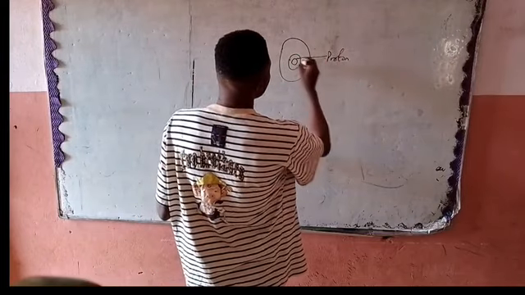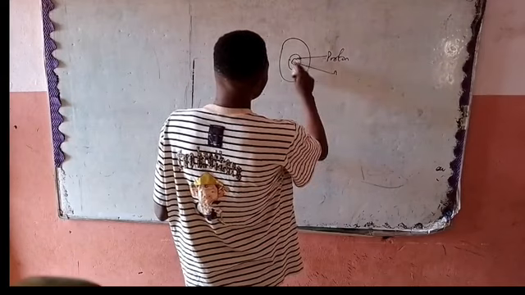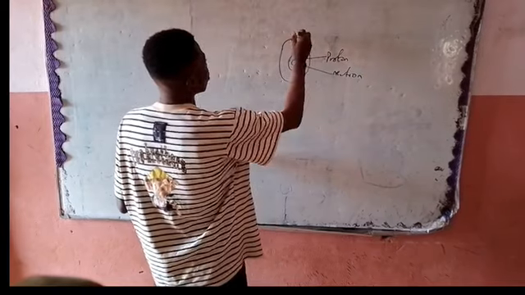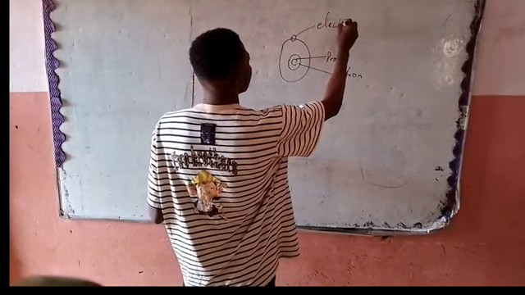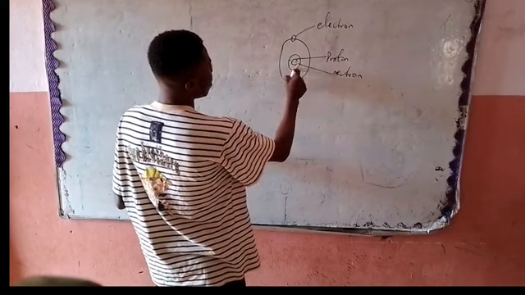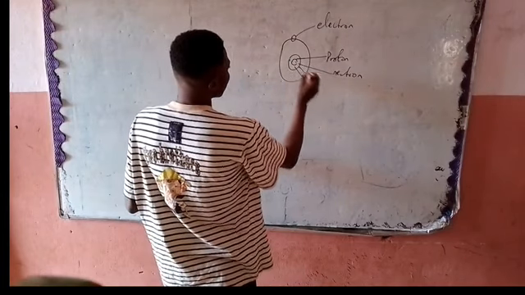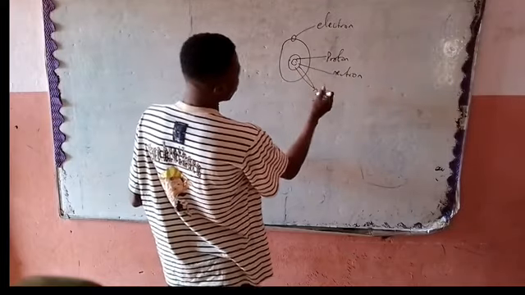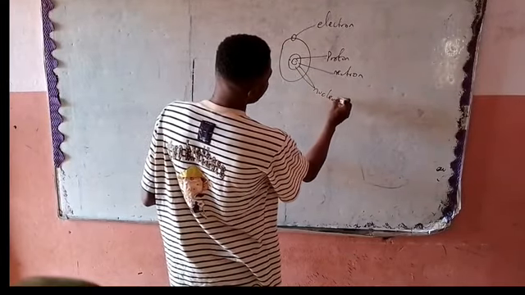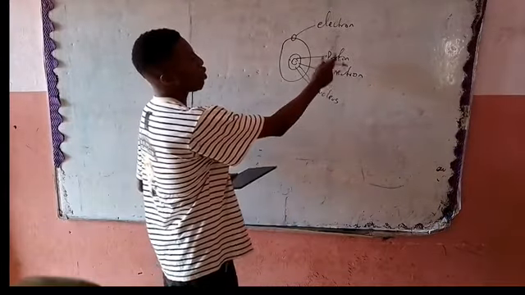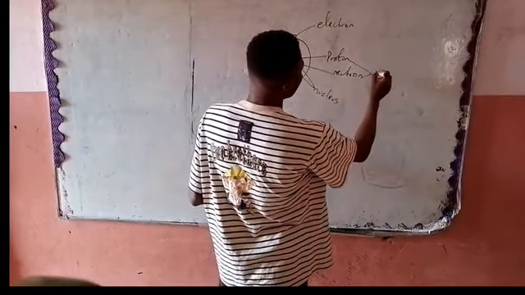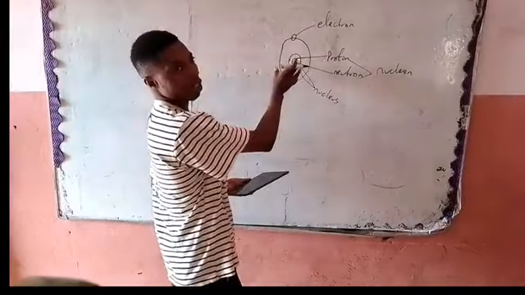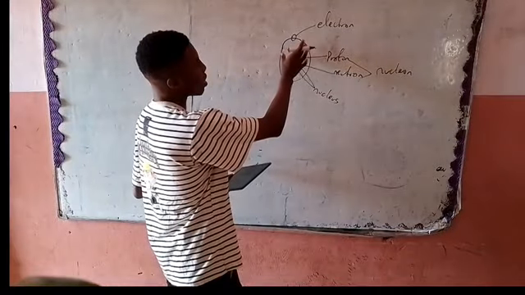We also have an electron here. These two things that house the proton and the neutron are called the nucleus. The combination of the proton and neutron is called the nucleon.